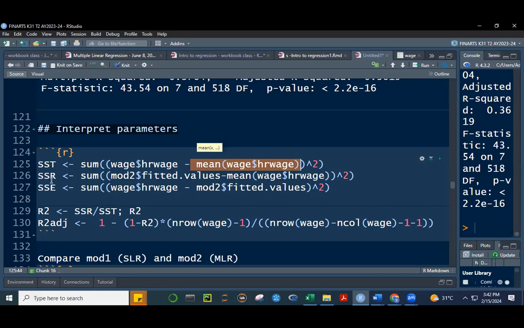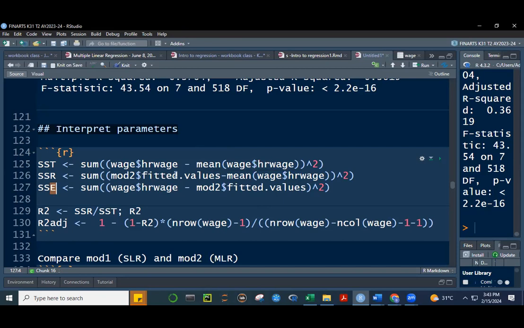On the other hand, your sum of the squares of your regression is the difference between your fitted value and the mean. Okay, so this is the improvement in your model, the fitted compared with the average. And then lastly, your residuals, SSE, error terms, the difference between your observed value.